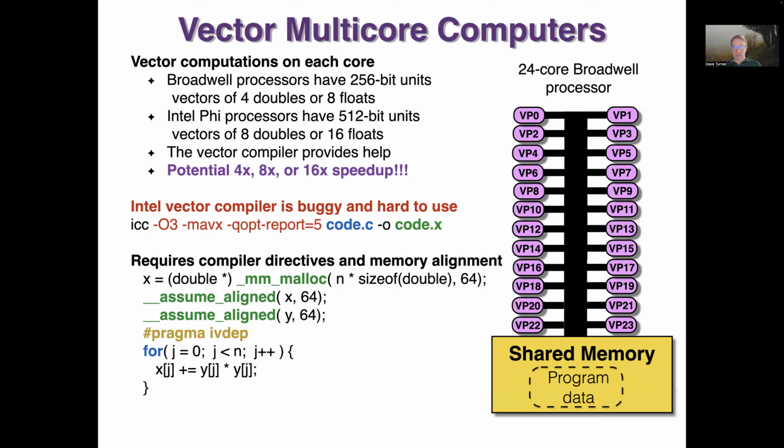And it is very common from the software side to use the BLAS libraries, for example, that are basic linear algebra subroutines to do simple tasks like matrix multiplies. And those are at times hand-tuned and do use the vector units very well.